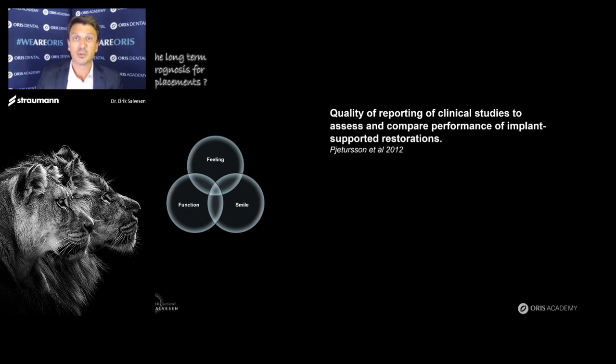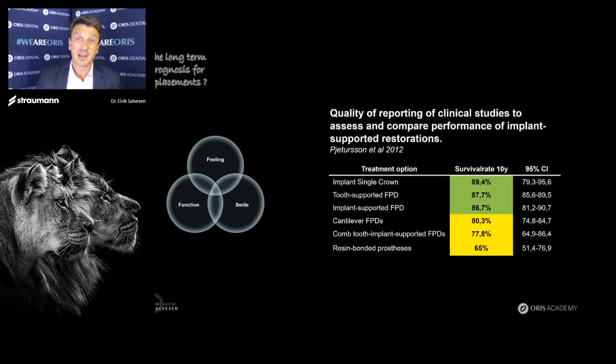8 years ago, where we looked upon survival rate on different kinds of prosthetic restorations. And it was done on a 10-year basis. Well, what they found was that single implant crowns had a survival rate of about 90% on a 10-year basis. And that was comparable with a tooth-supported bridge.